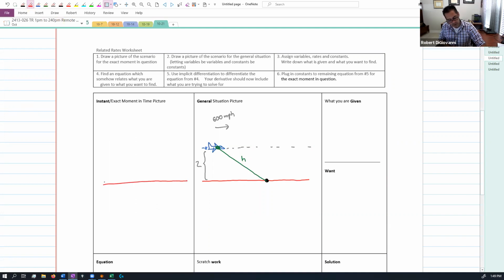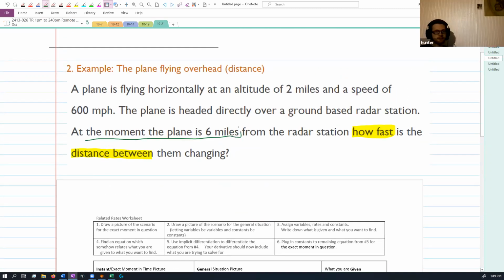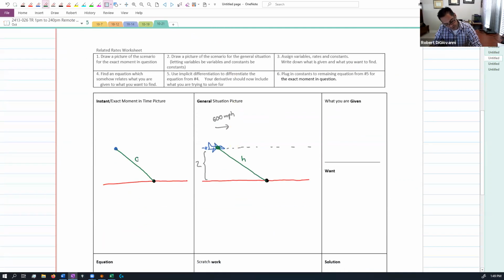In my other picture, with my plane and my radar station and the distance between them, in the fixed moment, what can you tell me about this distance? That it's 6 miles, right? So in this picture, this is 6.